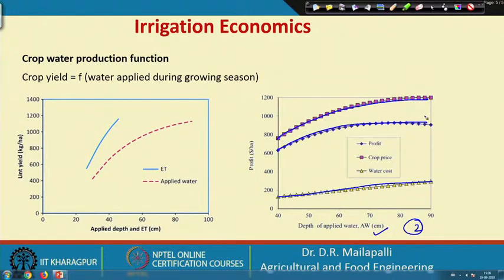This is the profit graph, and if you look clearly, you can see at what depth the profit is maximum. Maybe at about 70, at this point the profit is maximum. That means 70 centimeters of water needs to be applied to get the economic yield and the maximum profit.